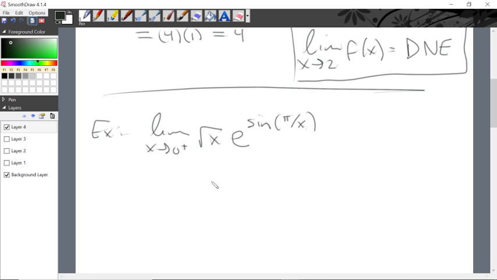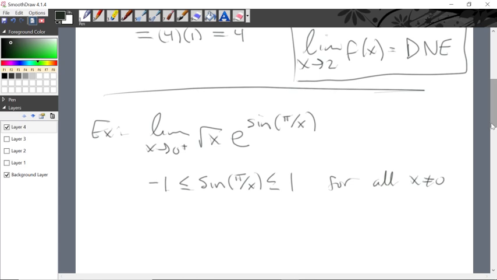Now, the sine of pi over x is bounded between -1 and +1 for all values of x other than 0, right? But x is not 0, so this is true for all x not equal to 0.